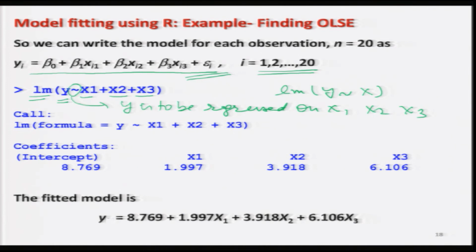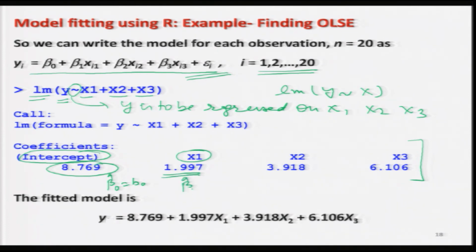Now if you execute it, you get this type of outcome. The first value here is the intercept term. It gives you the value of beta 0 hat, which you indicate by b0. The value corresponding to variable x1 is 1.997.